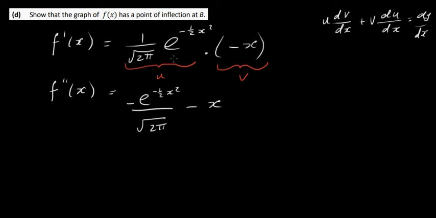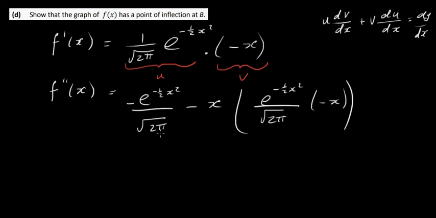We've done that already, and we ended up with e to the power of minus a half x squared over square root 2 pi times minus x. All of this is what we get when we differentiate the function f twice.